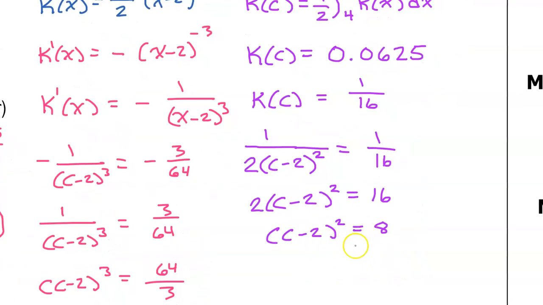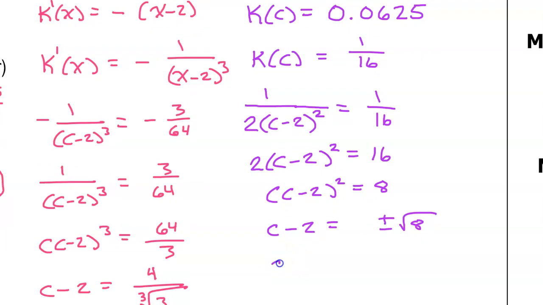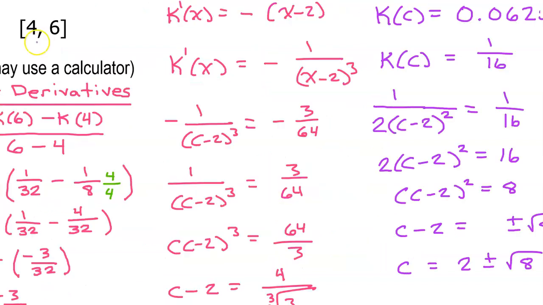Taking the square root of both sides, we have c minus 2 is equal to plus or minus the square root of 8. And adding 2 to both sides, we have c is equal to 2 plus or minus the square root of 8.